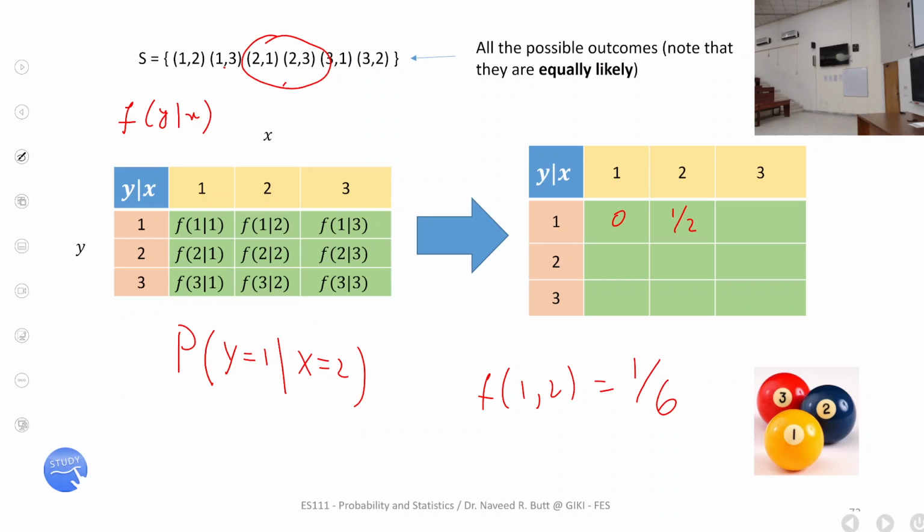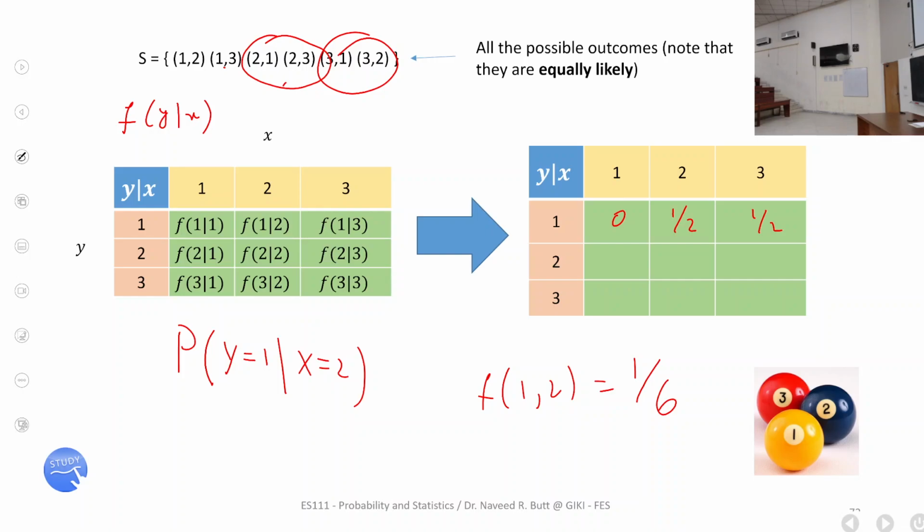Then what's the probability that the first ball has 1 written on it? So now which possibilities are there? The last two, right? These two now. So again, I'm asking for one of them. 50-50. 1 by 2. Yes? So you can guess actually it will be 0, 0, 1 by 2, 1 by 2.